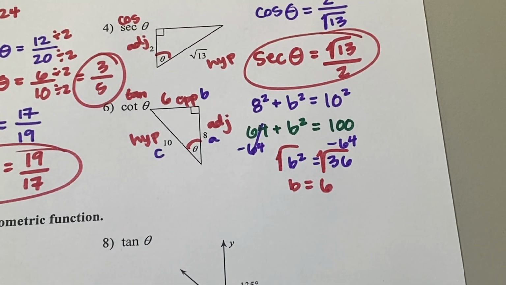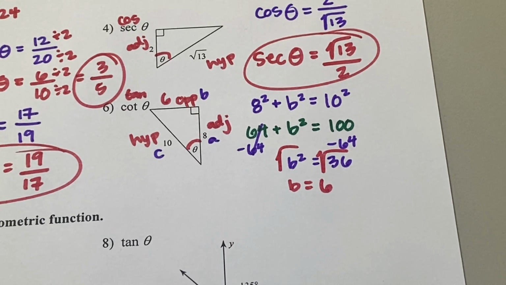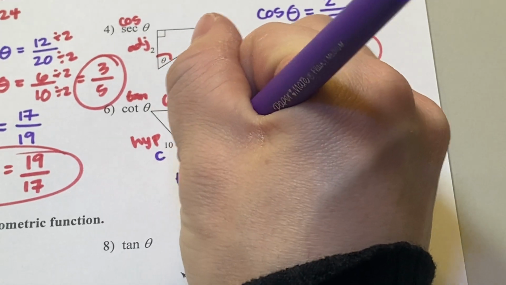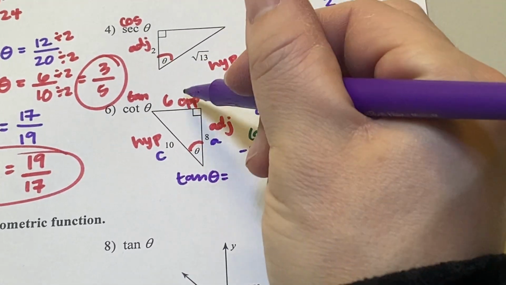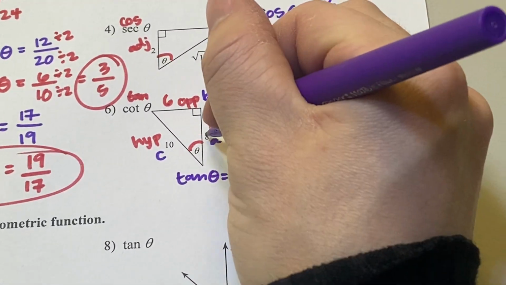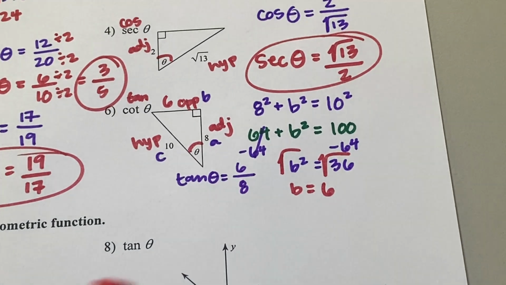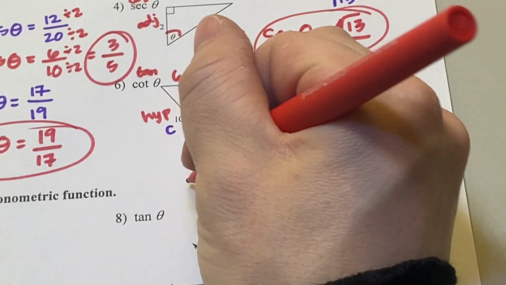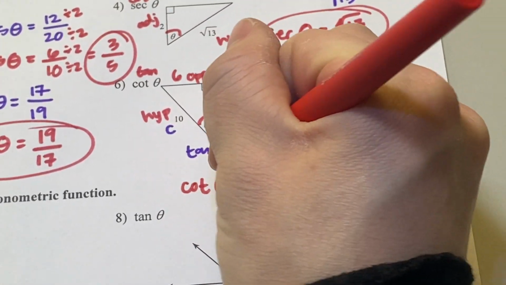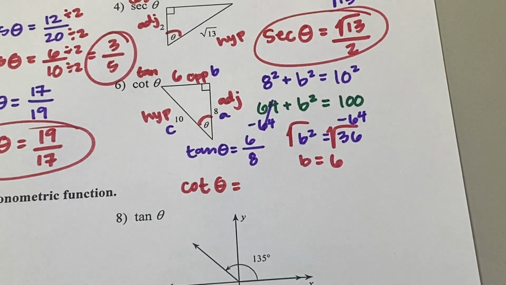I have my opposite and adjacent side. So first, to find the cotangent, let's find the tangent. Tangent of theta is opposite 6 over adjacent 8. What is cotangent of theta? It's going to be 8 over 6.